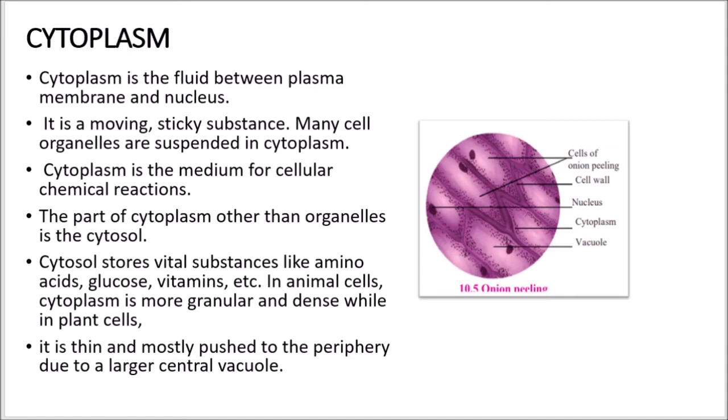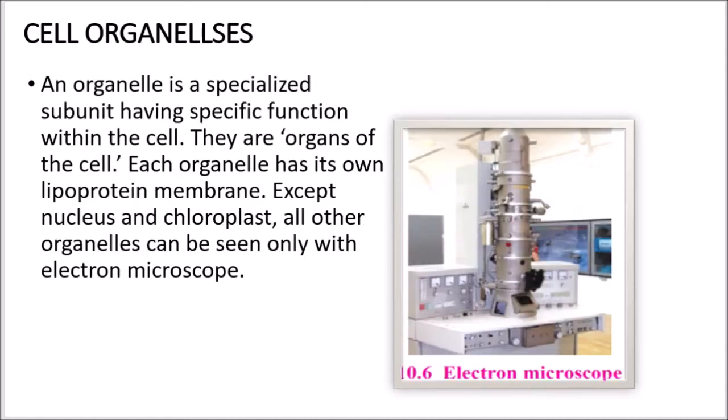Okay. So next we are going to see the cell organelles. These are the main parts: cell wall and cell membrane. These are the outermost parts. And osmosis means the entering of water or maintaining the water level inside and outside the cell.